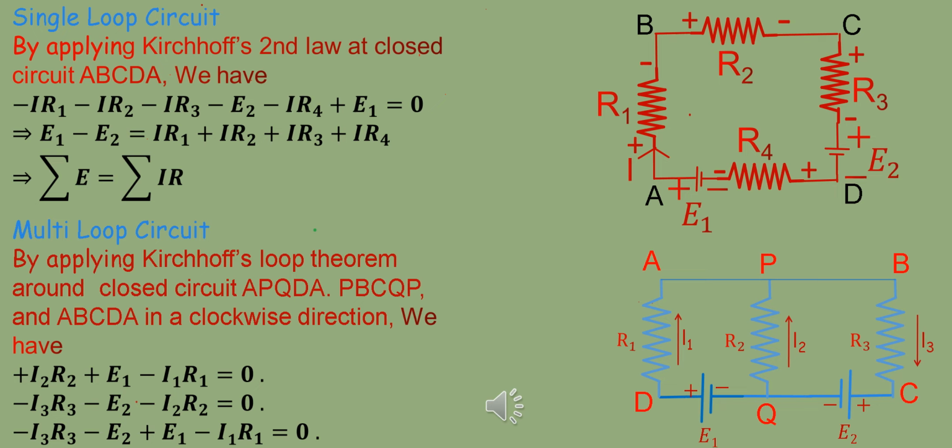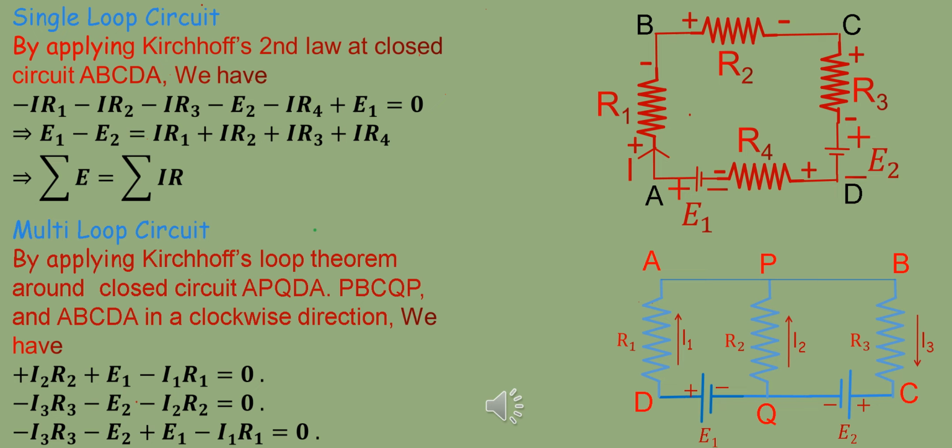When we go from B to C, we are going from a higher potential point to a lower potential point, so potential will fall, and the potential fall will be minus IR2. When we go from C to D, potential will fall, and the potential fall will be minus IR3.